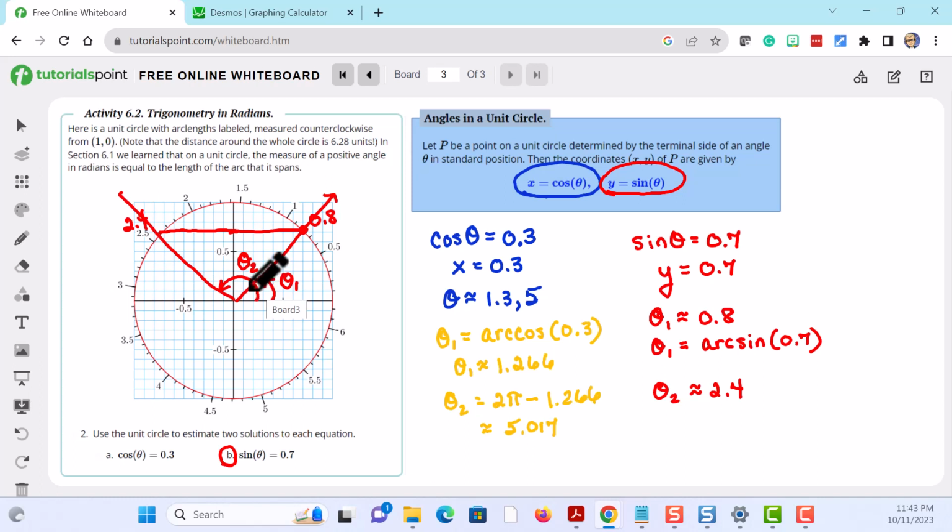So we'll go half a revolution, which is pi, and then we'll go back theta sub 1. So theta sub 2 is equal to half of a revolution minus theta sub 1.